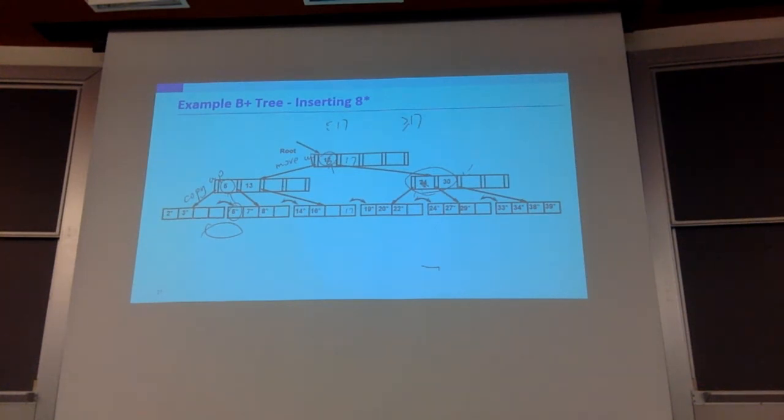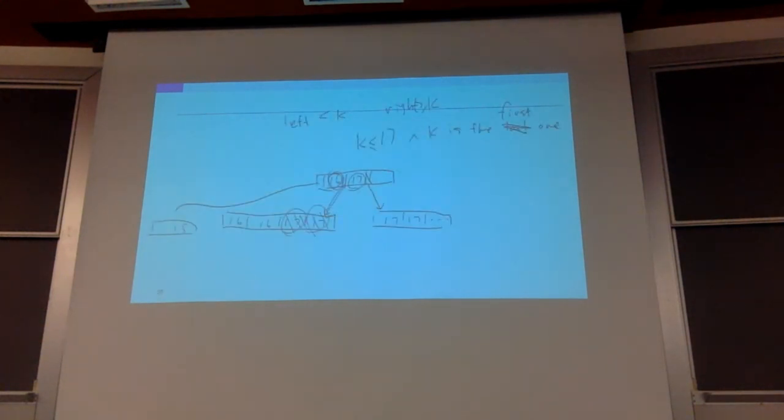Why do you want this? Because you want to have a balanced tree. Suppose you do not have this condition. You could have a long list, something like this. Suppose your data is 1, 2, 3, 4, 5.